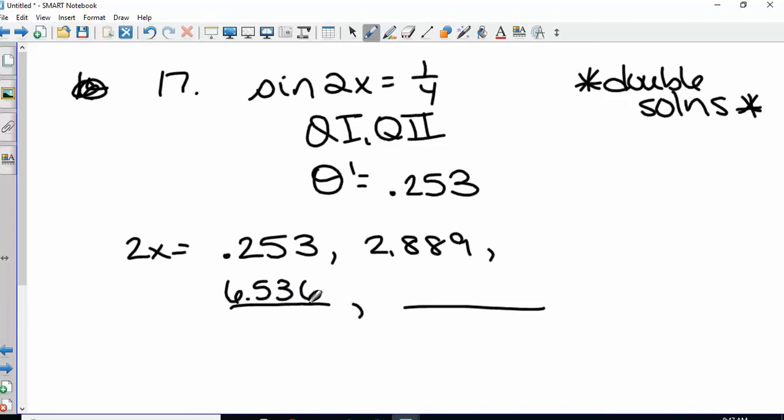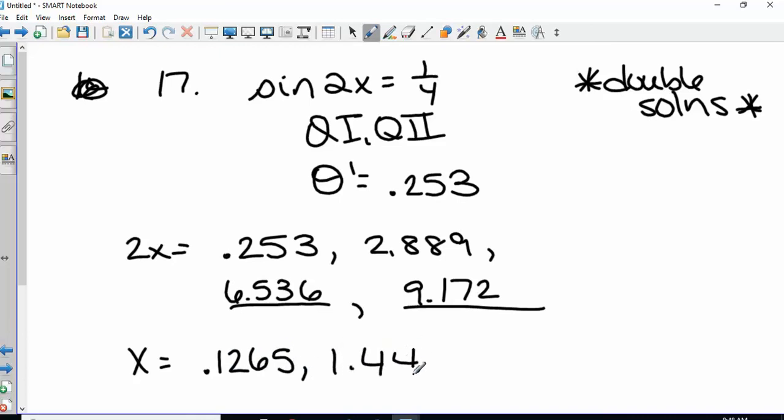So 2 pi plus 0.253, and 2 pi plus 2.889. So then, to get all of our answers, what do we do? Every one of those divided by 2.